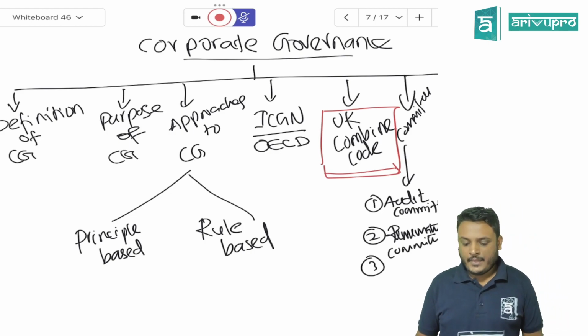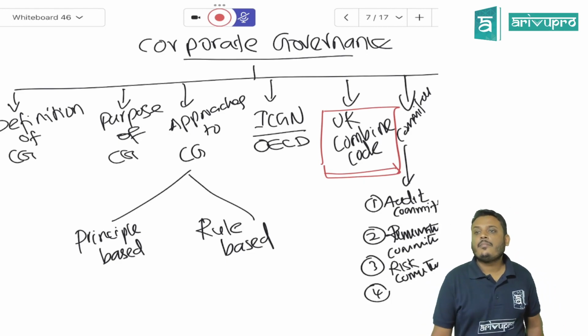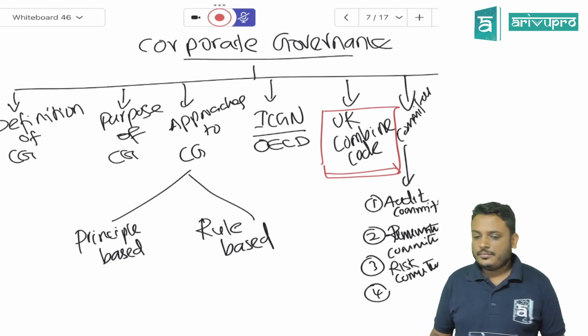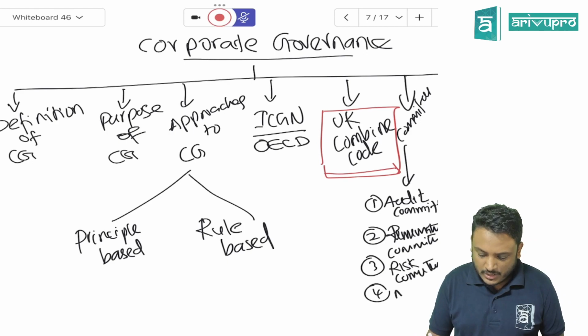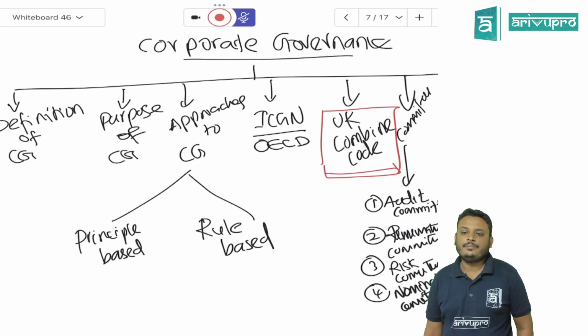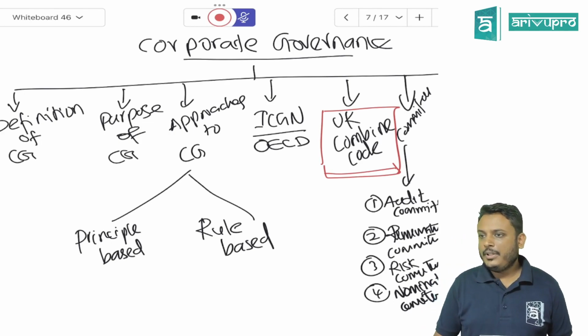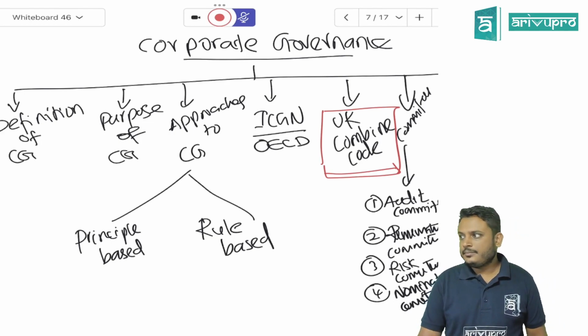Number three, risk committee. Number four, nomination committee. Copy this. That's all.